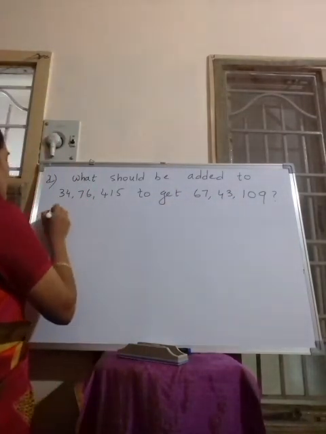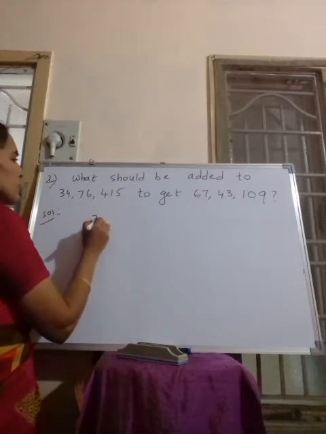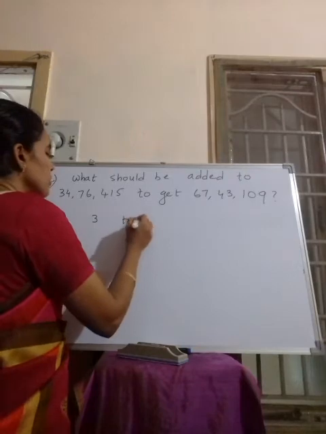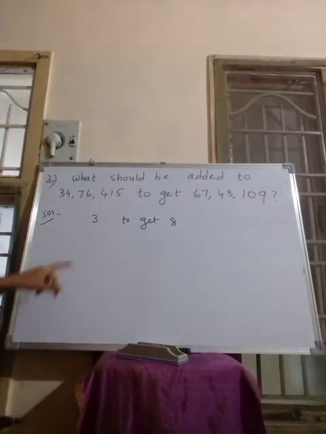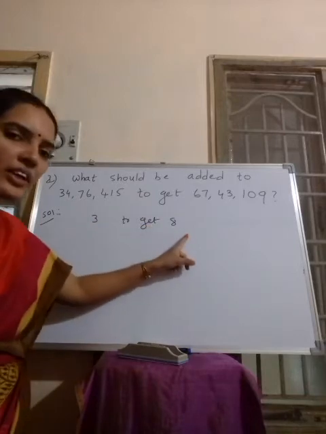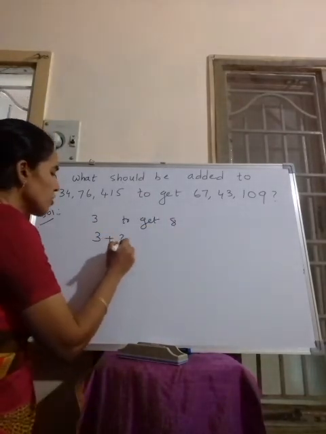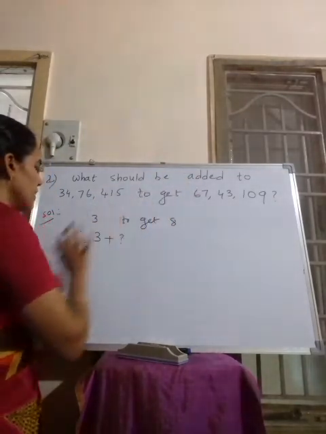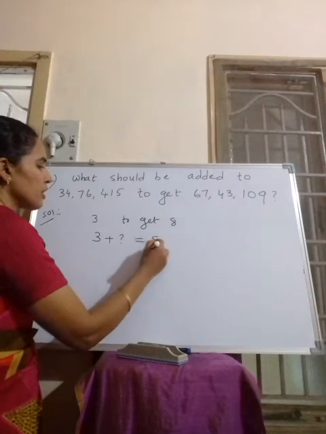For example, let us assume small digits. Instead of this, I am assuming 3, and suppose, tell me what I should add to this 3 to get 8. What should be added to 3 to get 8?